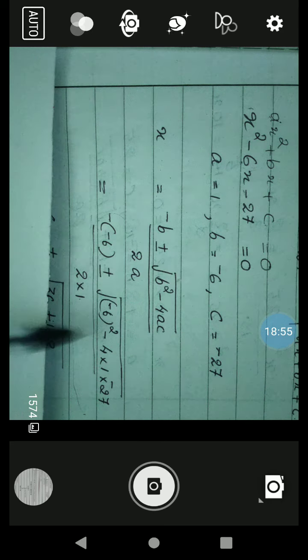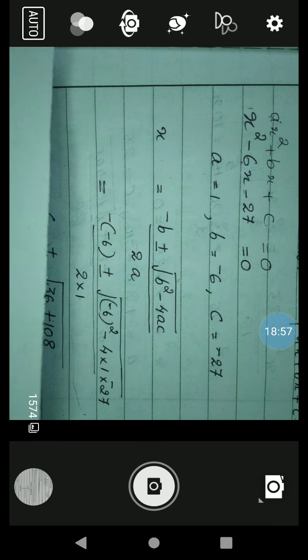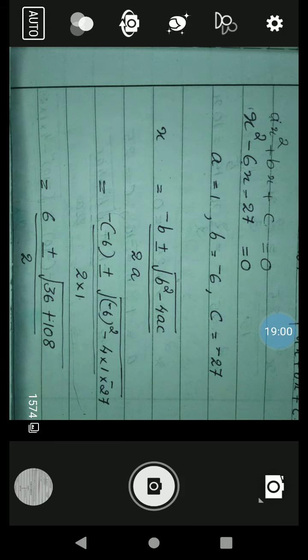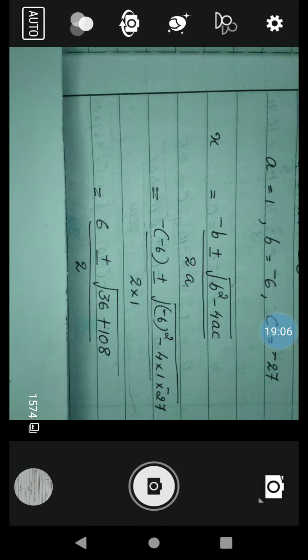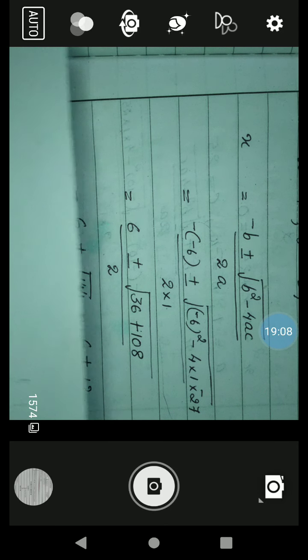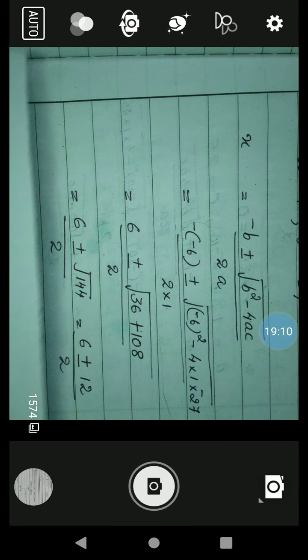Substitute that values. Now we get 6 plus or minus root of 36 plus 108 divided by 2. Now 6 plus or minus root of 144 by 2.